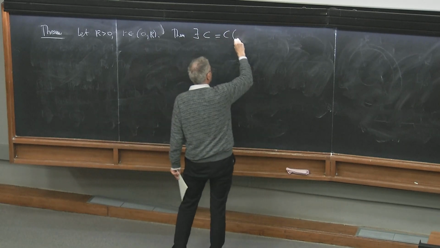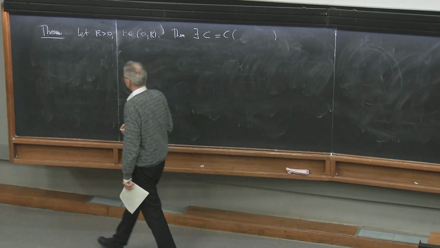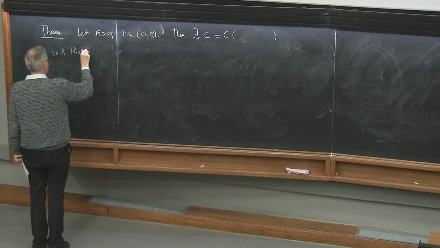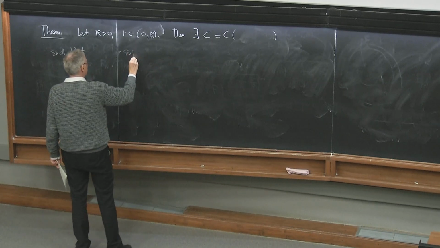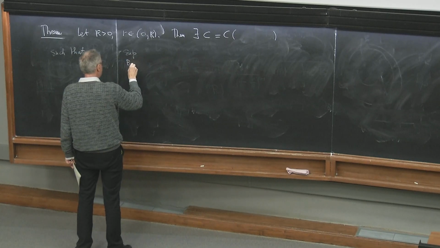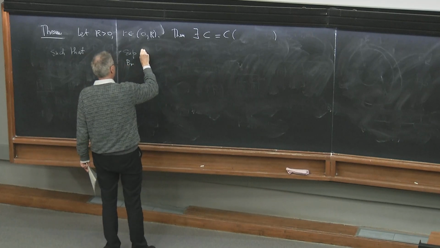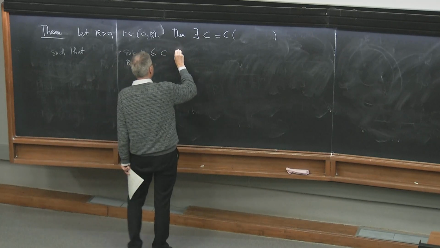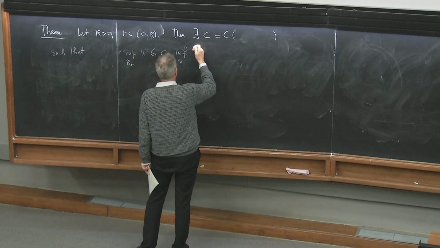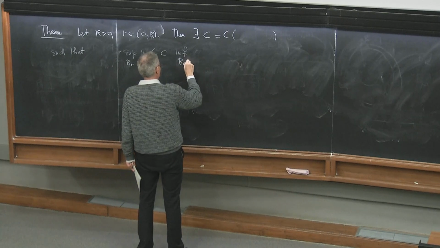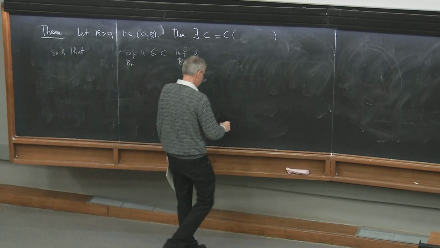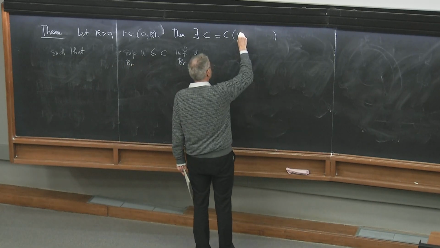Now we will see on what this depends, such that sup on BR of u is less than or equal to a constant times inf on BR of u. This constant depends only on r and R.